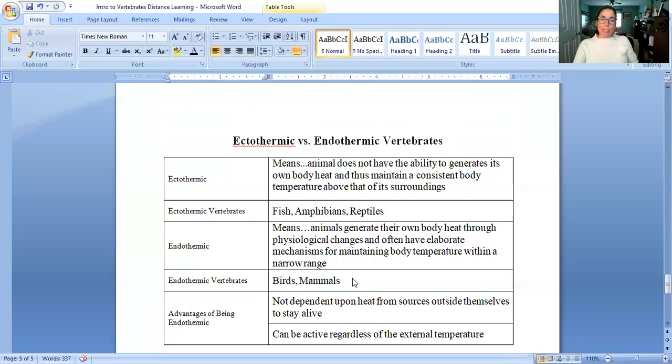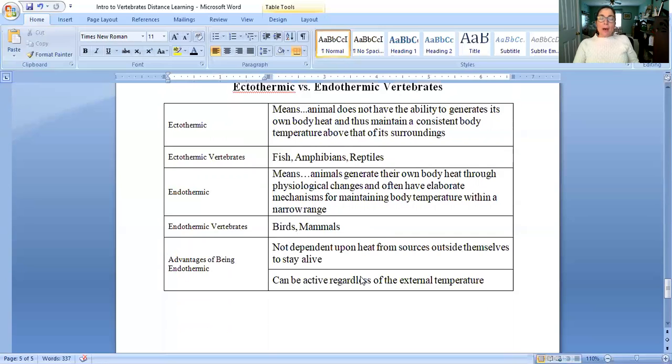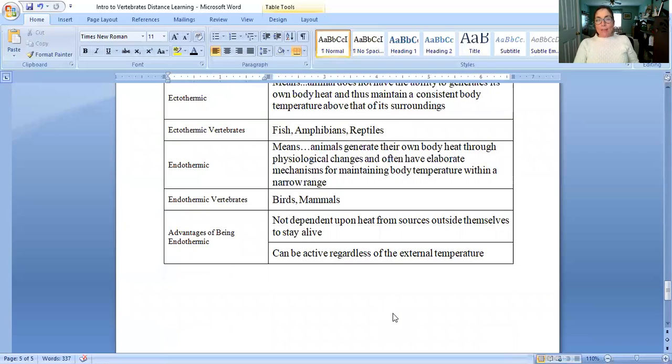The endothermic vertebrates are birds and mammals. As you might imagine, the advantage of being endothermic is that you're not dependent on a heat source outside of yourself to be able to stay functional and alive at different environmental temperatures. And you can be active within a wide range of external temperatures. This says regardless of the external temperature.